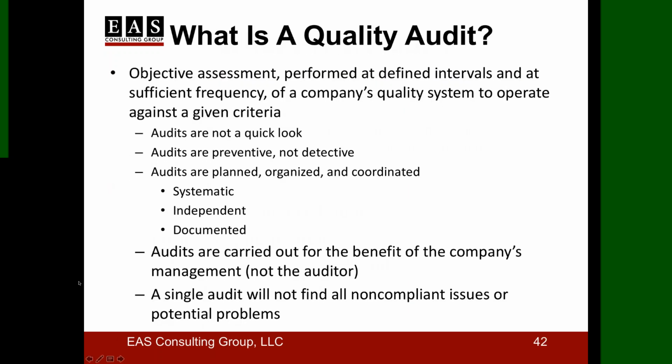So a quality audit is basically an assessment, subjective, performed at defined intervals and with sufficient frequency. Usually on the FDA side, these audits have to be done annually of a company's quality system to make sure that you're following and meeting, in this case, FDA requirements as an example.